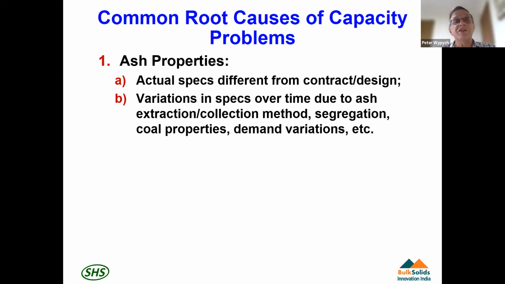Even changing your ash extraction collection method can change your average ash properties. Segregation within the plant can change your ash properties, even from blow tank to blow tank. And of course, if you change your coal supply, that could change your ash properties. And power demands vary too. If you're going from 50% capacity, depending on demand, to 100% capacity, then your ash properties can change too.